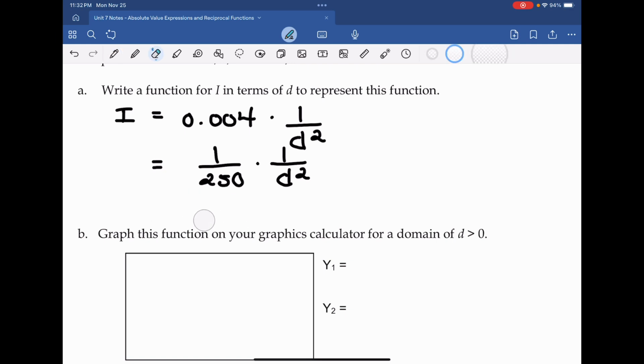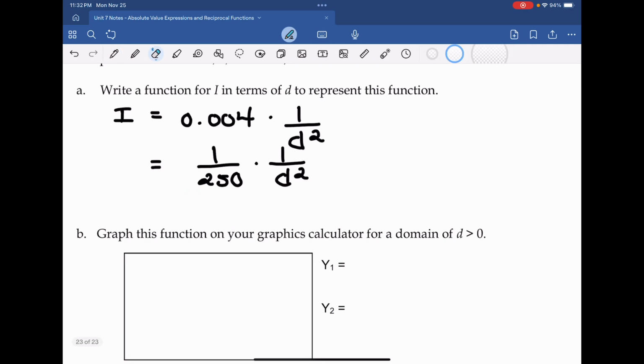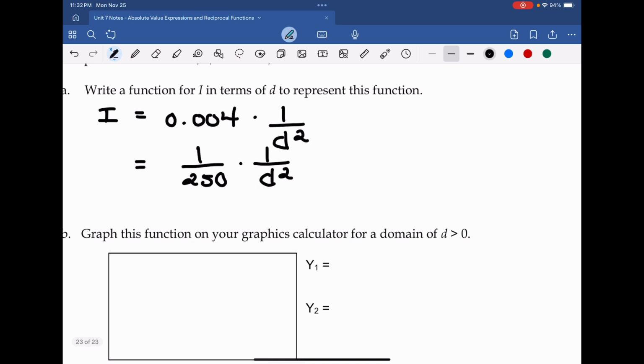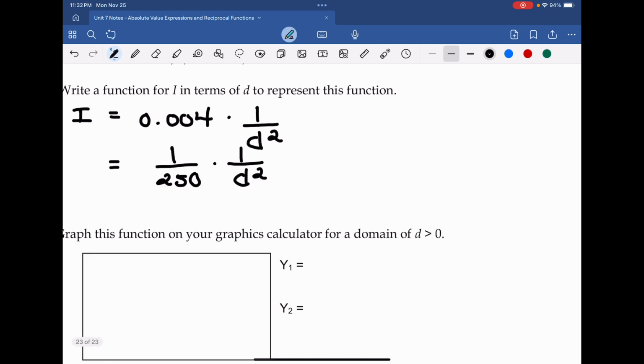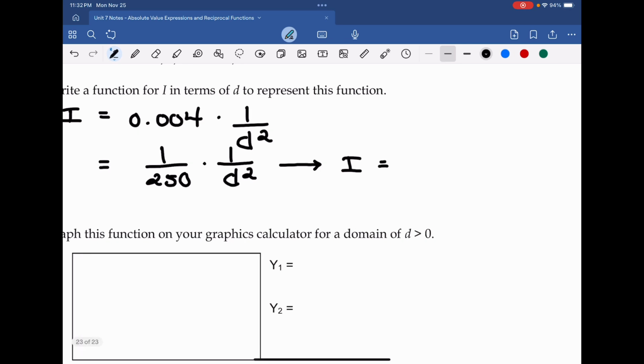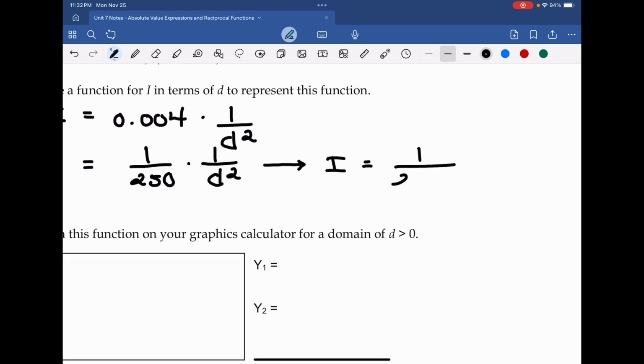And just to keep this neat, I'll do this off to the side, to the right here, and arrow over to be exact. Intensity is equal to 1 divided by 250, which is 0.004 as a fraction, d squared. Awesome. So now we have a function of I in terms of d.